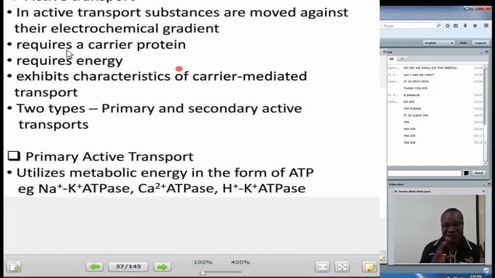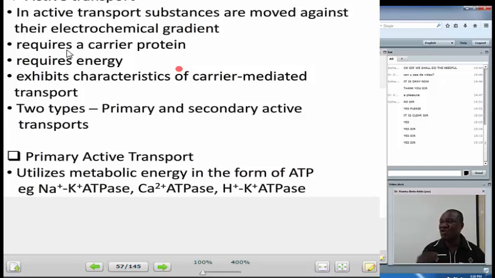In diffusion, substances are moved from a region of high concentration to a region of low concentration. In active transport, substances are moved from a region of low concentration to a region of high concentration.